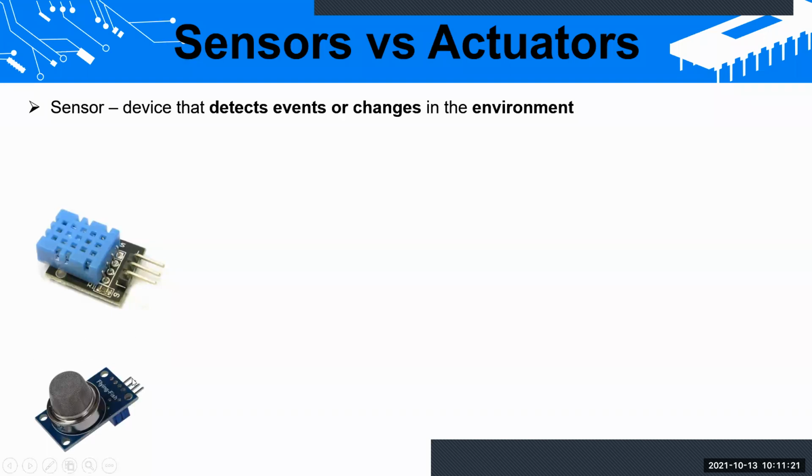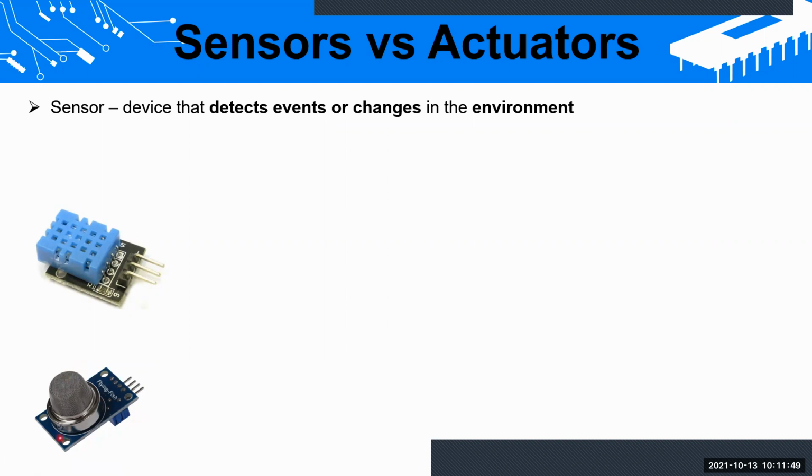Then we can use this sensor for sensing gas, the air mixture, right? Suppose in a smart home, we can put this gas sensor. There are specific sensors for sensing several gas types.